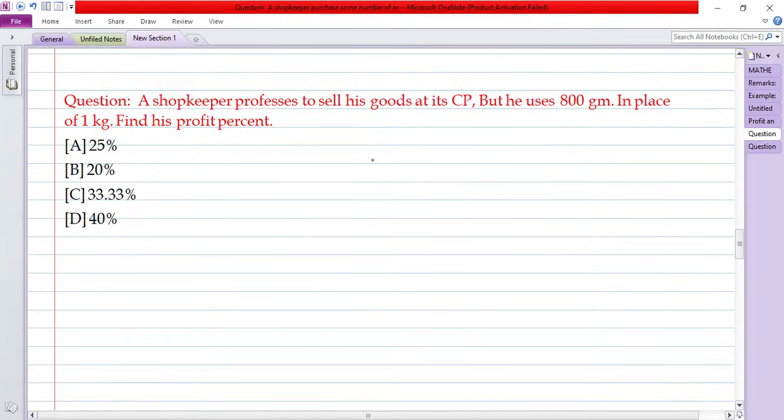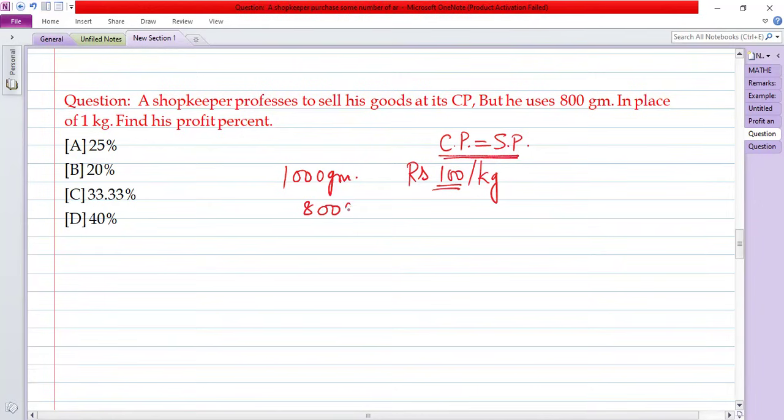So here once again, let rupees 100 per kg be the cost price. And again here cost price and selling price are the same as per the claim of the shopkeeper. Now this rupees 100 is obviously for 1000 gram quantity, but actually he is using 800 gram.